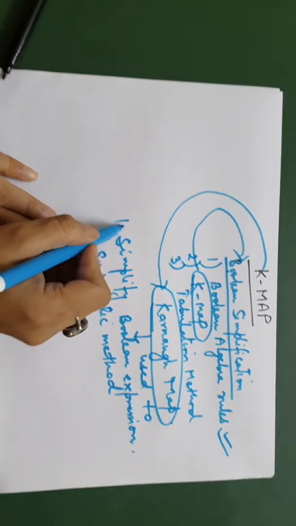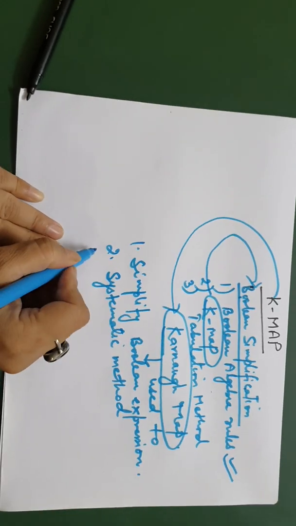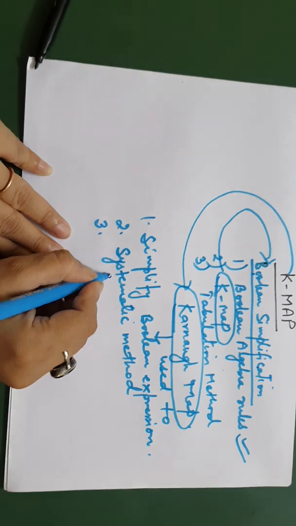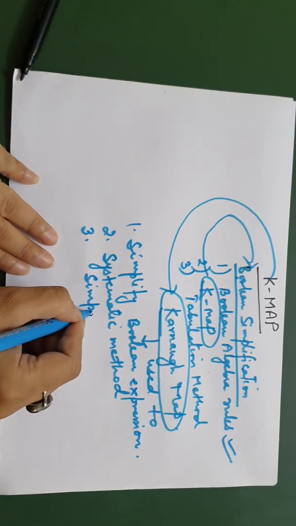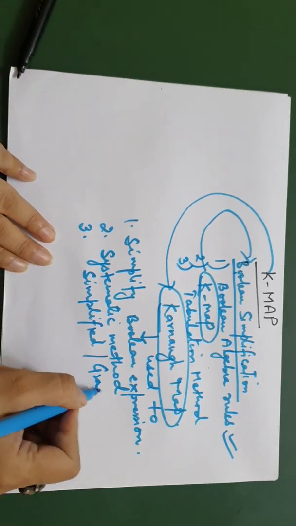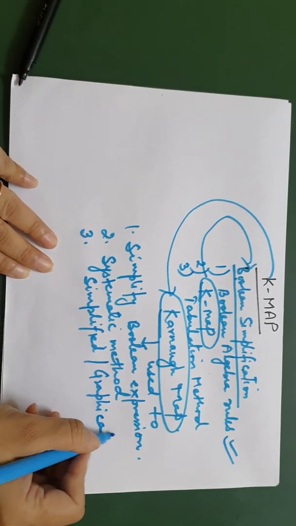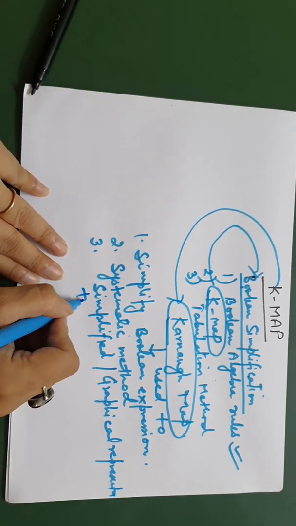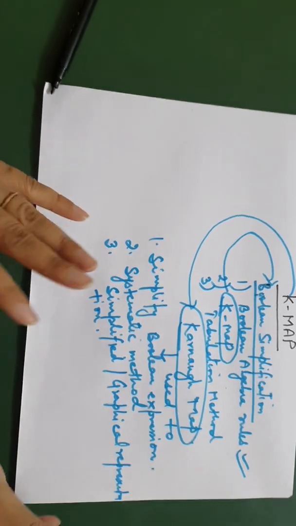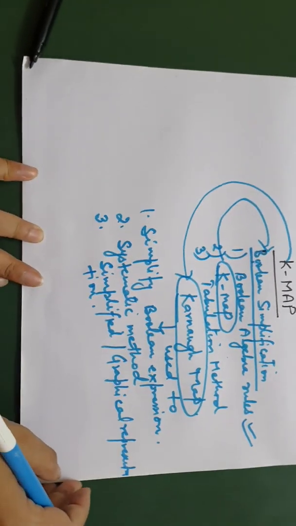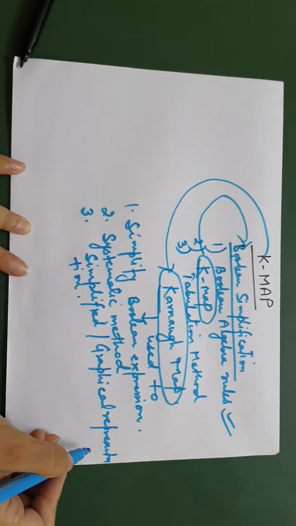The third point is that it is a simplified method, or a graphical representation method. We represent it through a graph, so it is a method used to represent in a graphical format.